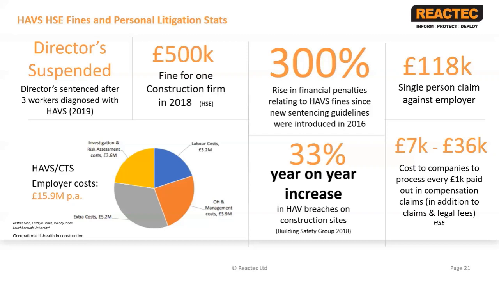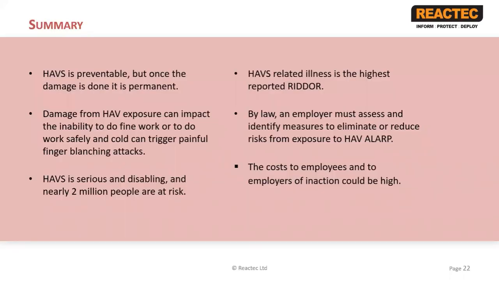So that is just some quantitative assessment of the cost of hand-arm vibration syndrome in terms of not following the legal requirements. So in summary, hand-arm vibration syndrome as a disease is preventable. It's preventable by eliminating or reducing exposure to hand-arm vibration. But once the symptoms of hand-arm vibration syndrome have developed, that damage is permanent.